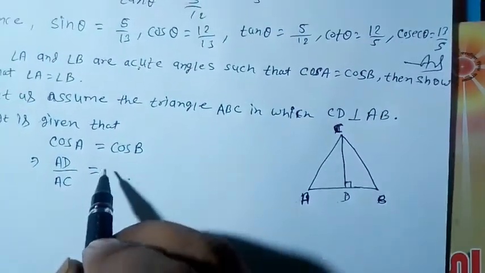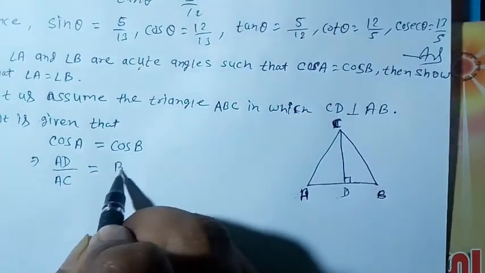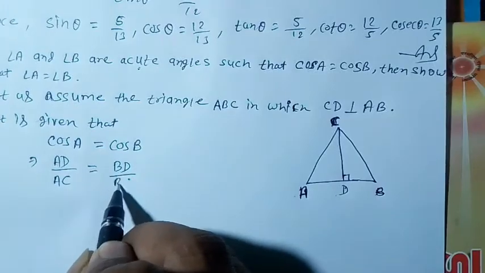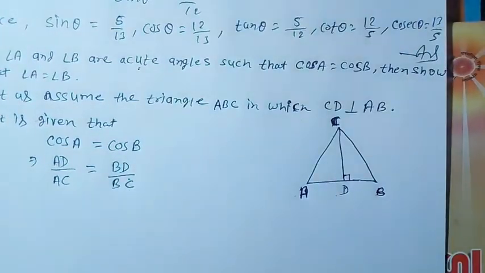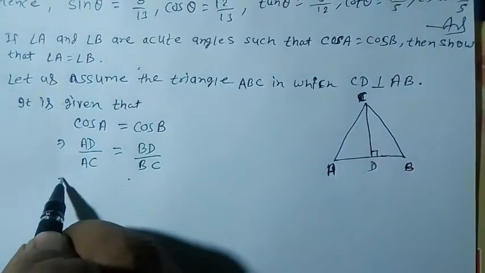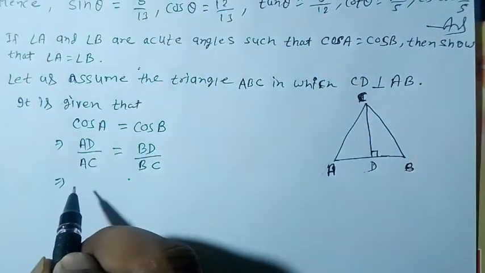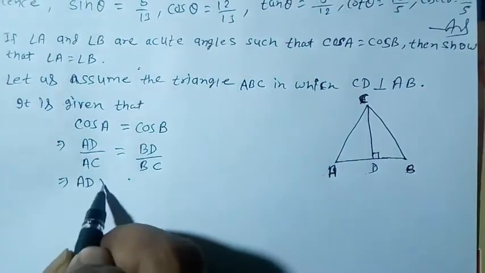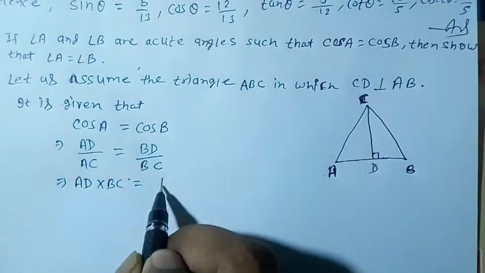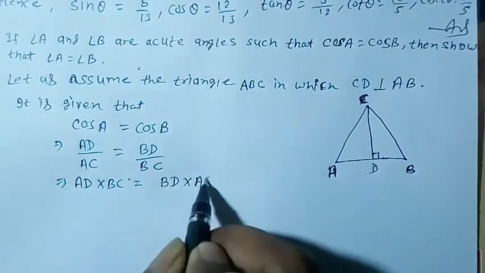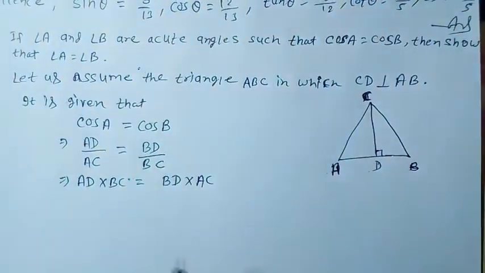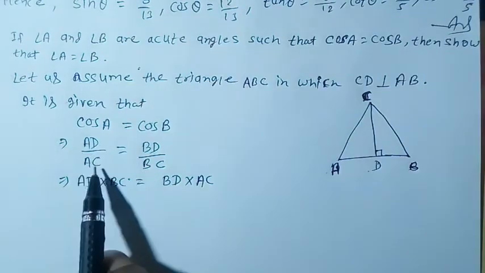So cos B is equal to BD by BC. By cross multiplication, AD into BC is equal to BD into AC.